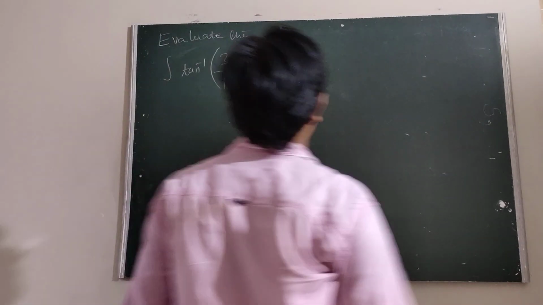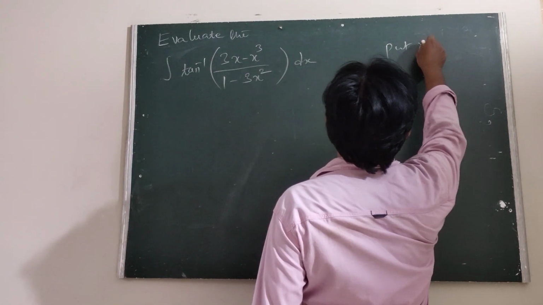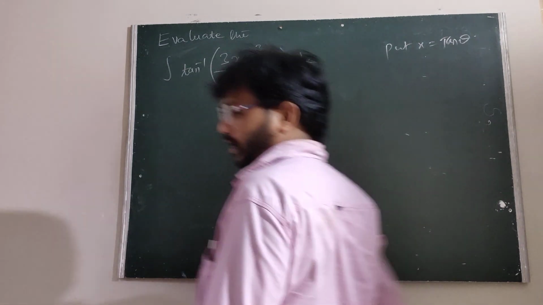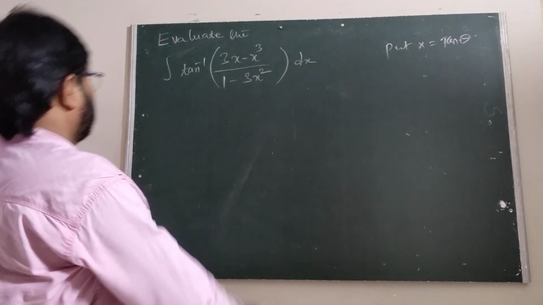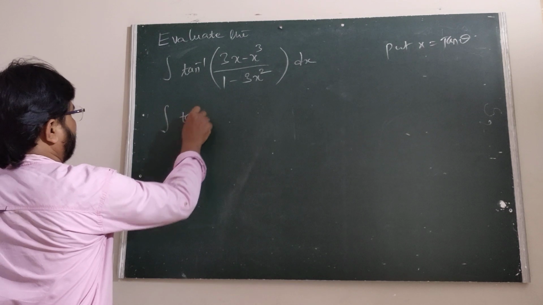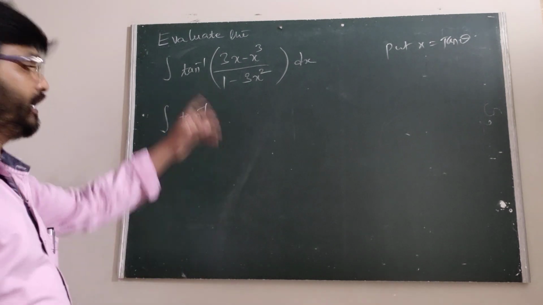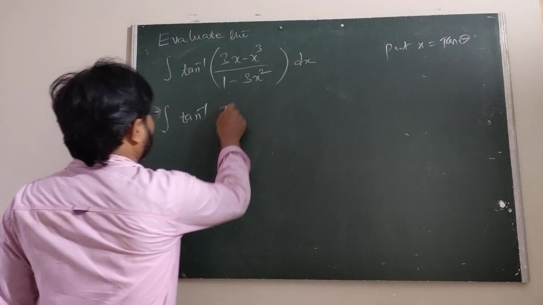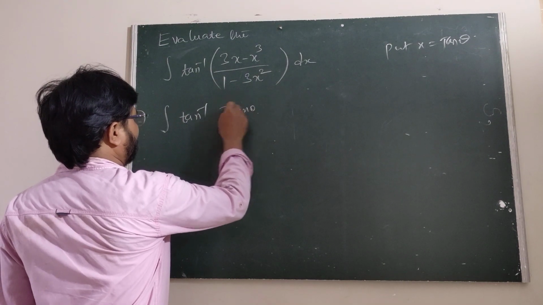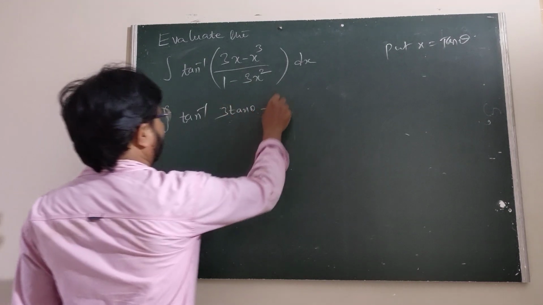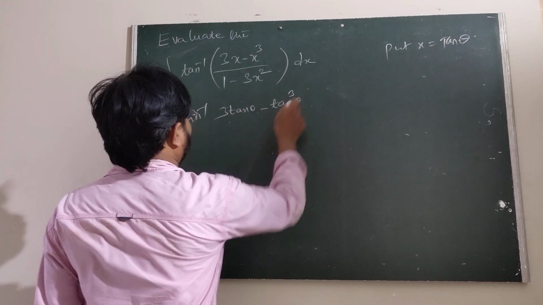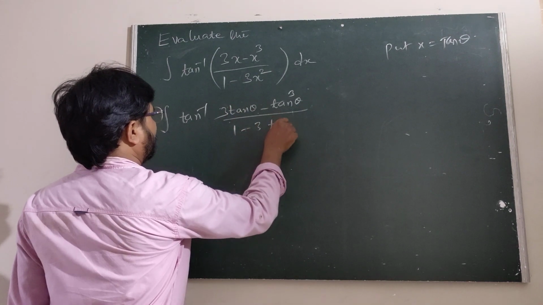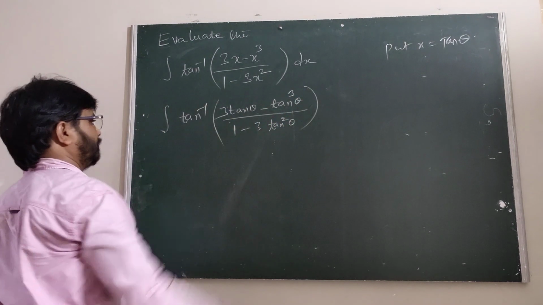Now we know that we put x equal to tan theta. Now this is the integral of tan inverse of (3 tan theta minus tan cube theta) upon (1 minus 3 tan square theta).